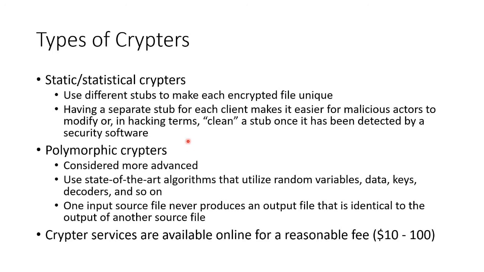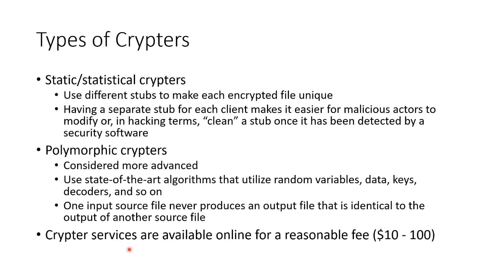You have polymorphic cryptors. They're a little bit more advanced, and they will use advanced algorithms to introduce random data, random keys, random variables, random decoders. So one input source file is never going to produce the same output file. Every version will be different.